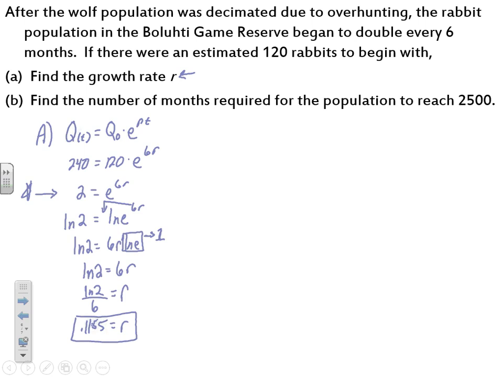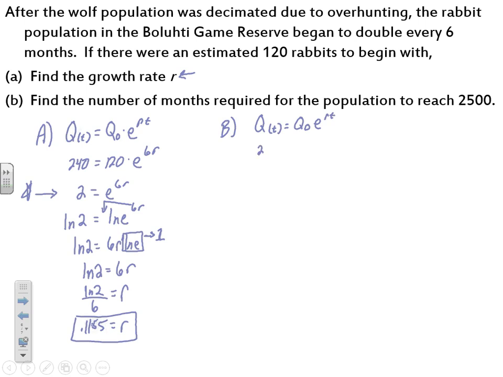So we have to figure out what that constant growth rate is in order to actually answer part B, where it says, okay, in part B, how much time is it going to take me to get the 2,500 rabbits? So using our same growth model, Q of t is equal to Q sub 0 times e to the rt power.